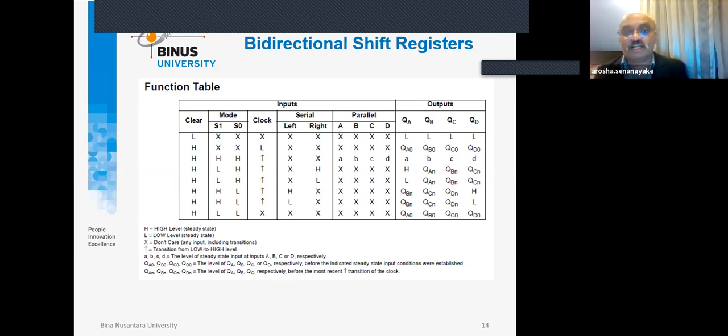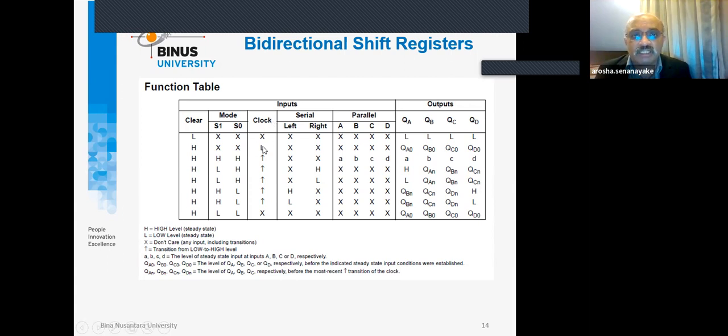But of course, we have to be very cautious in this case. In that manner, you can find out when shift right occurs, when shift left occurs, and so forth, and then parallel in and parallel out. That's what you can see here.